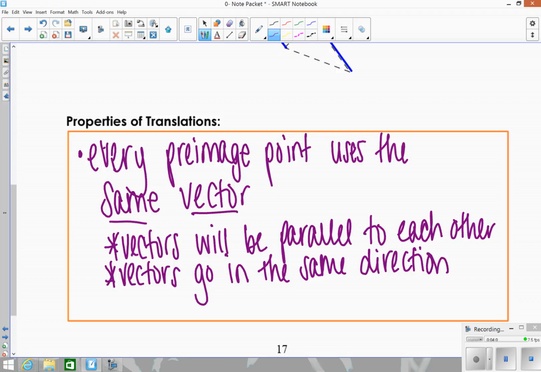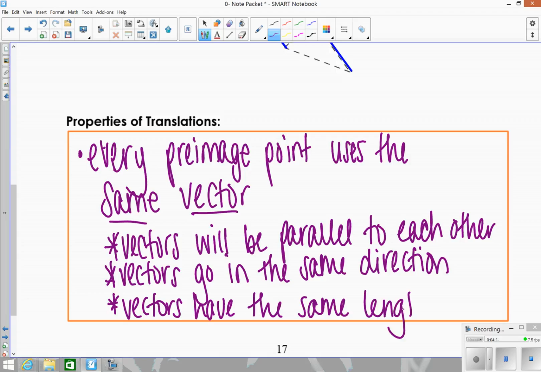And then the last thing that we talked about was that the vectors are all the same length. So vectors have the same length. So basically when I write this, every pre-image point uses the same vector. Well, the same vector, these are the things that we care about, that the vectors are parallel to each other, that they go in the same direction, and that they have the same length. So each pre-image point has these three properties when we're talking about using the same vector.